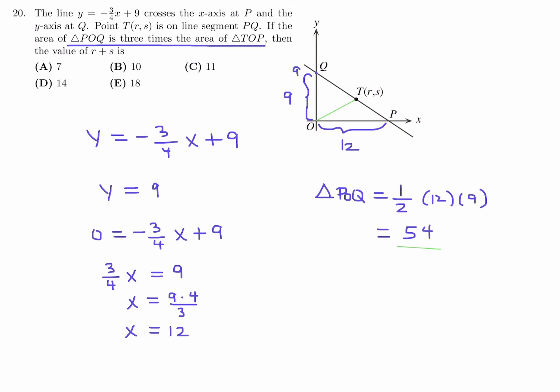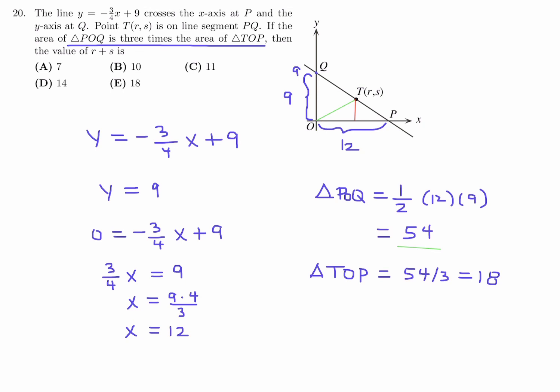So that basically means that the triangle TOP, the area is 54 divided by 3, which is 18. All right? So now we have to figure out this area using our dimensions, and I'm just going to draw a height with that red line right there.